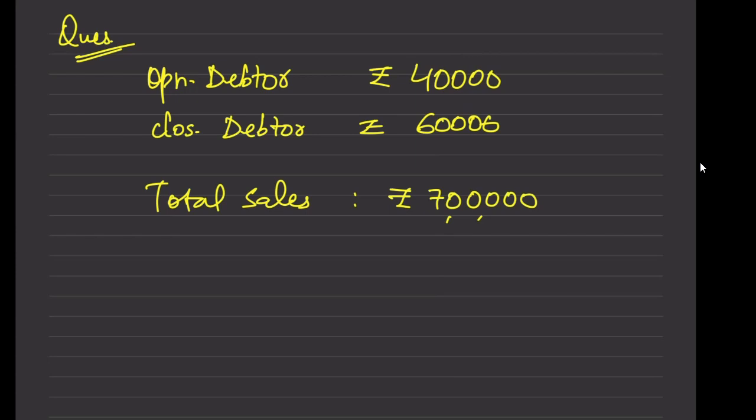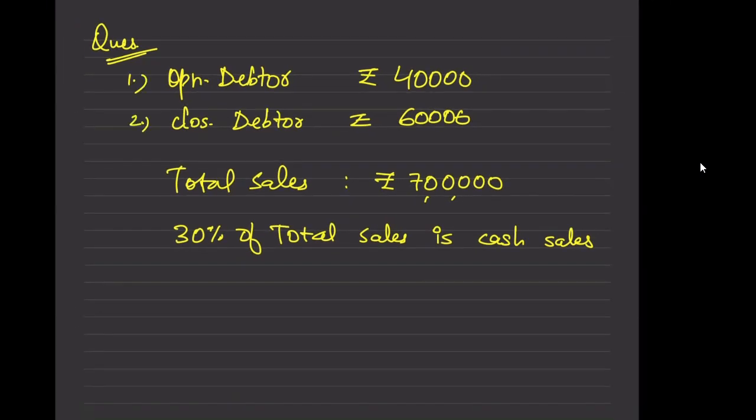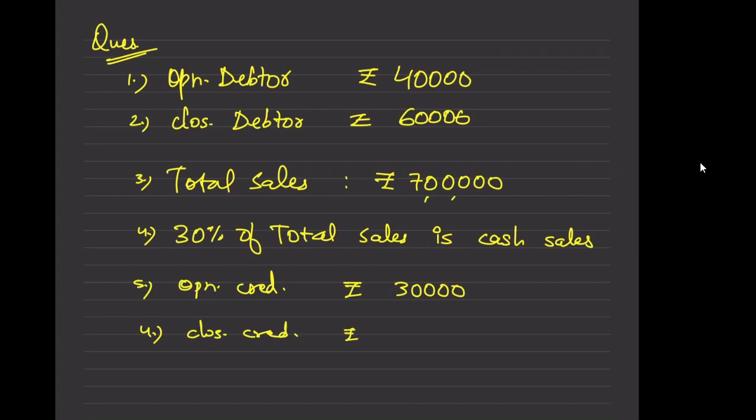And it is given that 30% of total sales is cash sales. So first information opening debtors, second closing, third total sales, fourth 30% is the cash sales, fifth opening creditors rupees 30,000, closing creditors rupees 50,000.